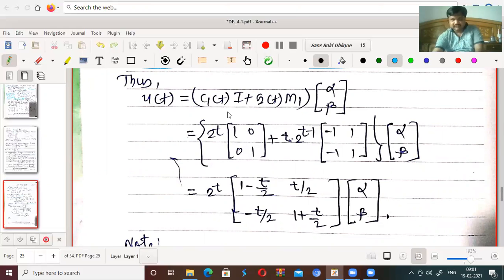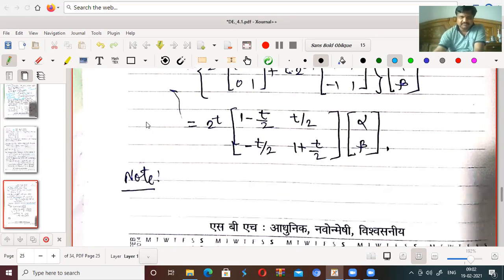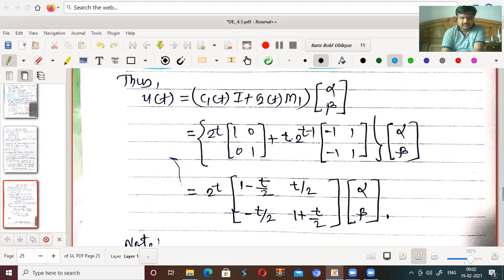If I solve this, 2 to the power t can be taken common: 1 plus t into minus 1 by 2, that is 1 minus t by 2; 0 plus t into 1 by 2, that is t by 2; 0 plus t into minus 1 by 2, that is minus t by 2; and 1 plus t into 1 by 2, that is 1 plus t by 2, times alpha beta. This one is the u of t.